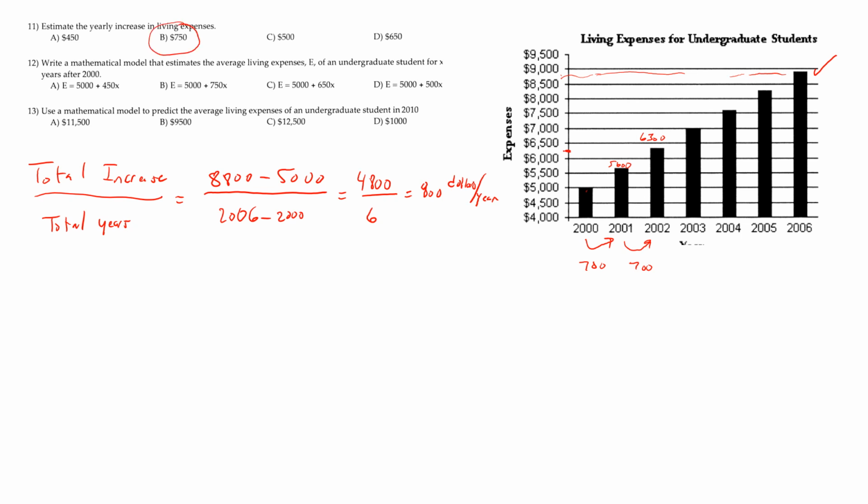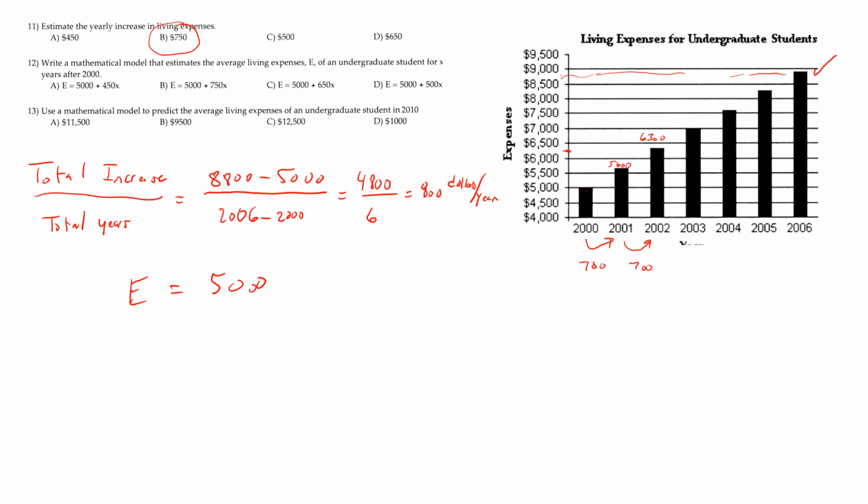Now, once I have that yearly increase, I can write an equation that I could use to predict the future years. It says use E to represent living expenses. Well, expenses in the year 2000 started off at 5,000.